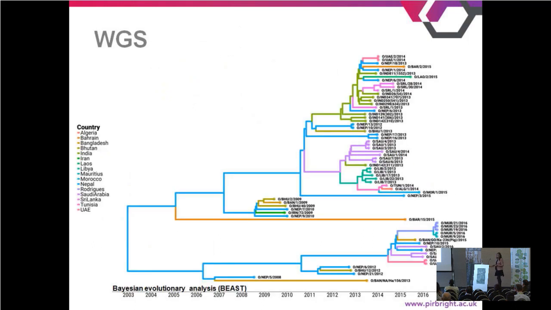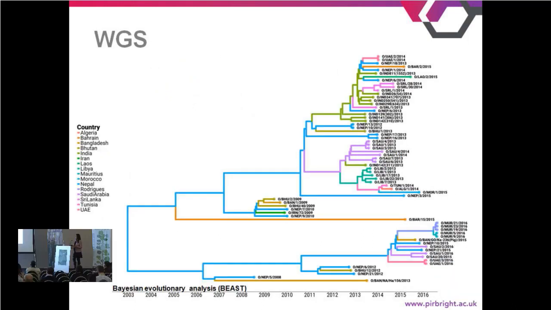When Bayesian evolutionary analysis is performed on the data, there are a lot of things that we could conclude, but what becomes very apparent is that the majority of the samples that we can analyze are from 2013 onwards.